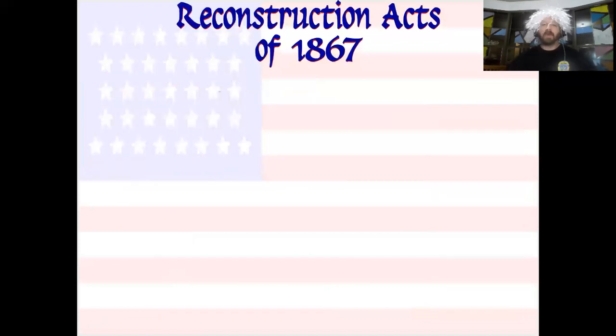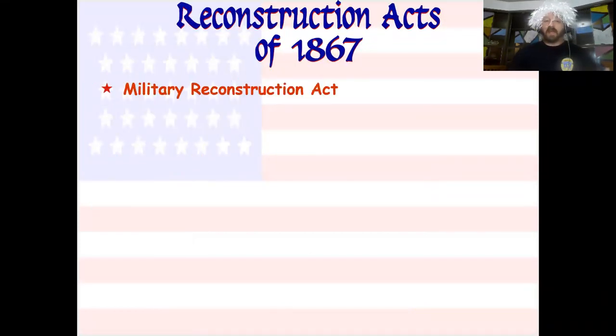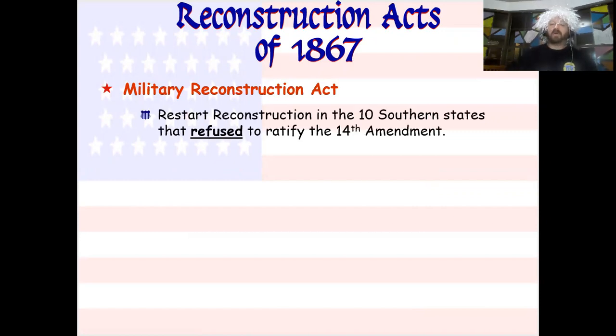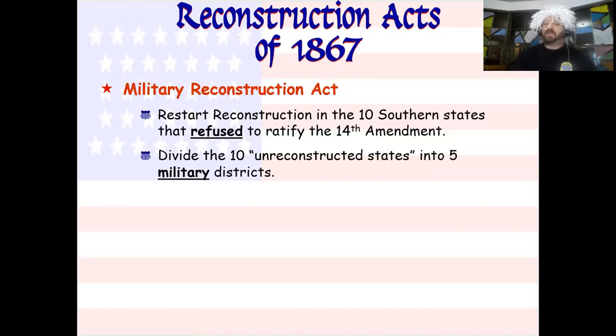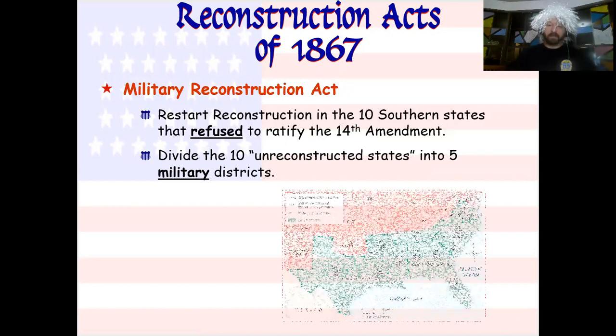Now, another act in this time period was called the Military Reconstruction Act. All right, so to restart the Reconstruction in the 10 southern states that refused to ratify the 14th Amendment, they divided those 10 unreconstructed states, as they were called, or sometimes territories, different people refer to them in different ways, into 5 military districts.